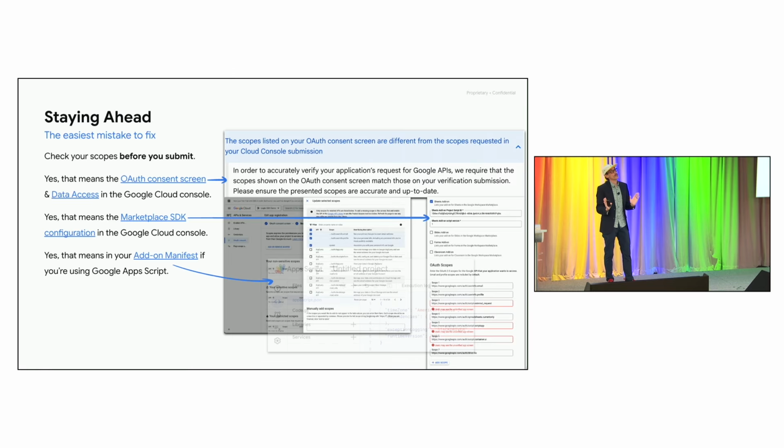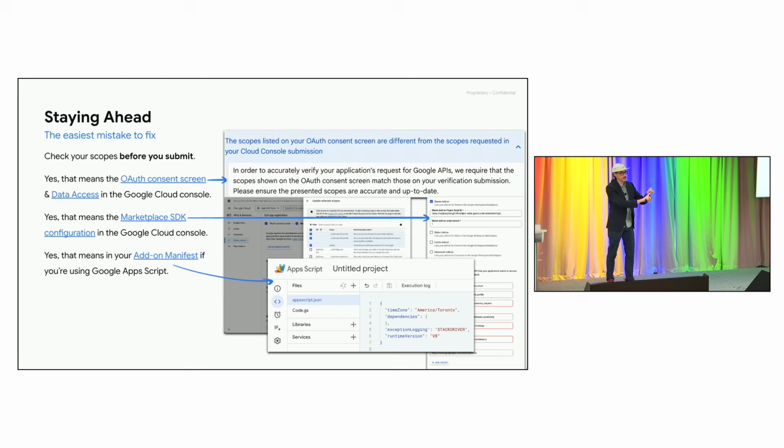Your scopes live in a lot of different places. They can be in your OAuth consent screen. They can be in the Marketplace SDK in the Cloud Console. If you're using AppScript, they can be in your add-on manifest. They can be in your application code regardless of what language you've written in.